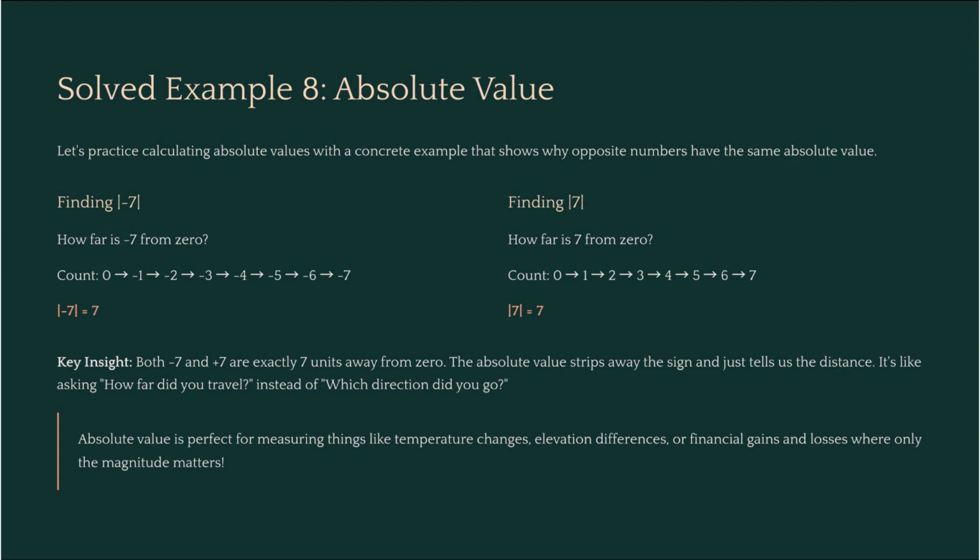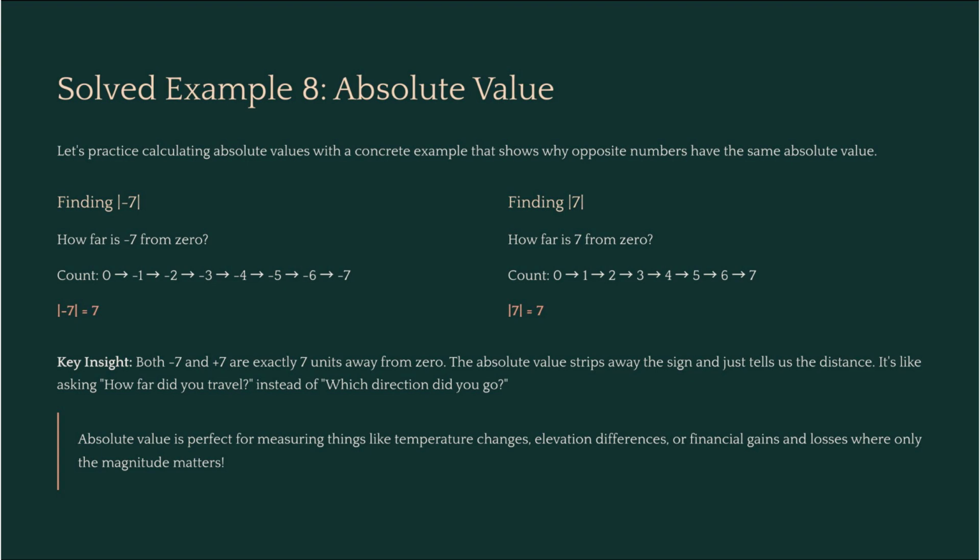In example 8, we find the absolute value of -7 and 7. The absolute value of -7, written as |-7|, is 7, because -7 is 7 units from 0. The absolute value of 7, written as |7|, is also 7.